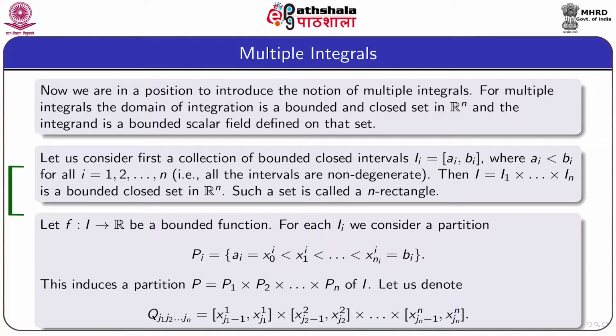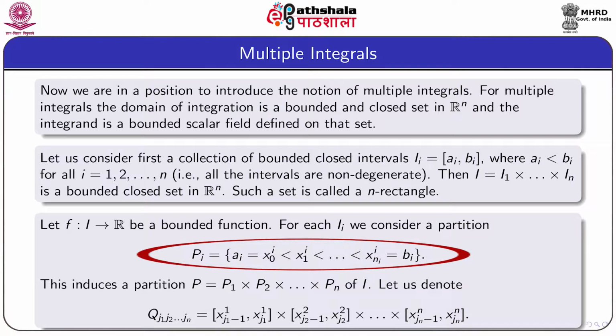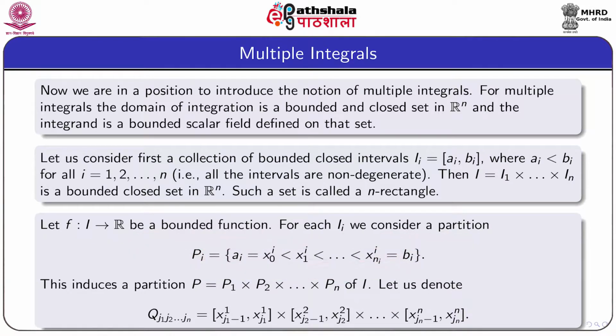Now let f from I to R be a bounded function. For every interval Ii, we consider a partition Pi equal to ai equals x0i less than x1i continued up to x_ni i, which is bi.